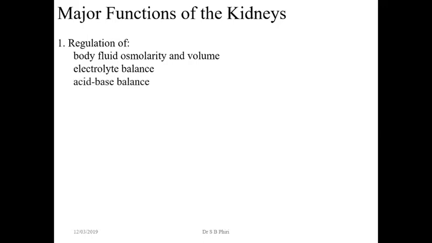Acid-base balance: the kidneys are involved in secretion of hydrogen ions. So in case of acidosis, if a patient is having acidosis, there is an increase in the hydrogen ions, and the pH is simply the negative logarithm of the hydrogen ion concentration.